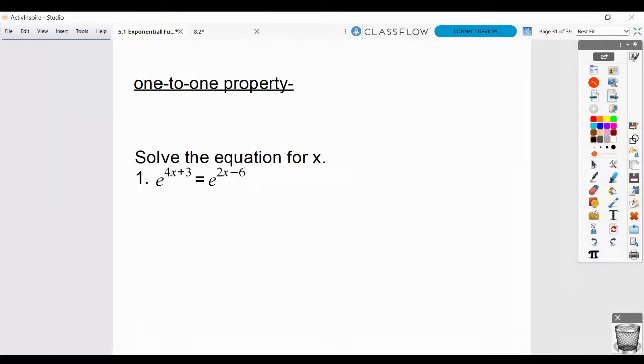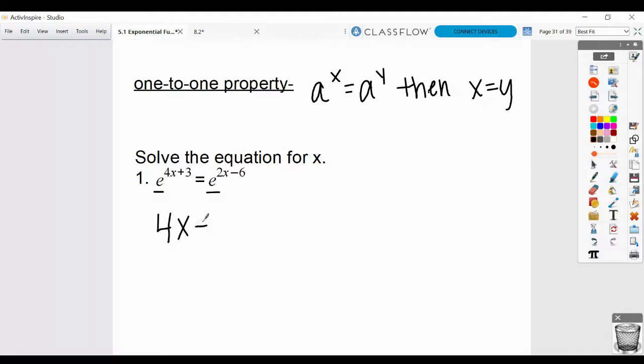Okay, next is the one-to-one property, and we did that last week as well. So if you have a to the x equals a to the y, then x equals y. So it's the same thing for the natural base e. If you have the base of e as being the same, then you can set the exponents equal to each other.